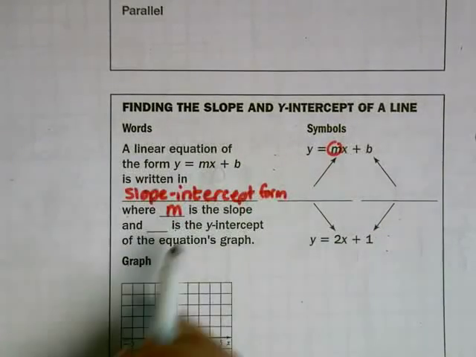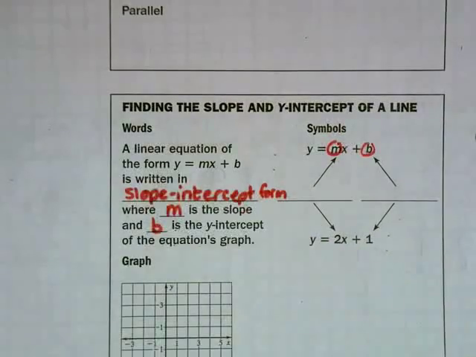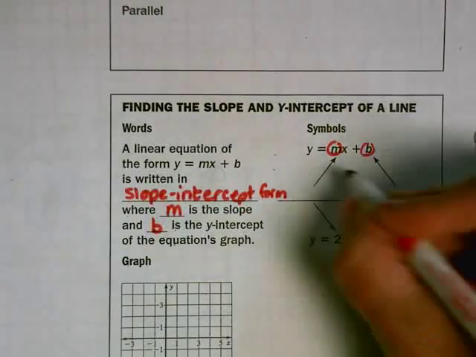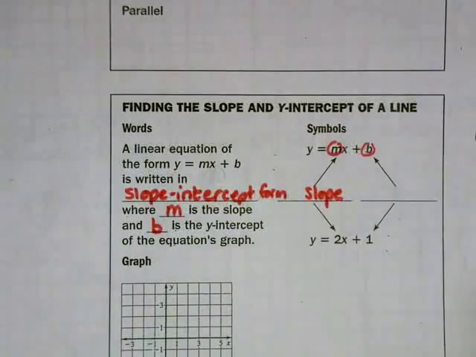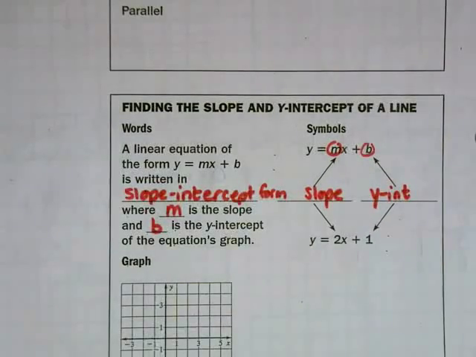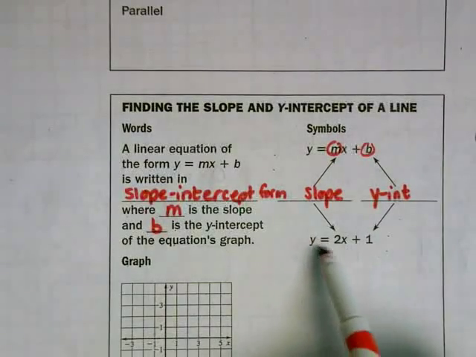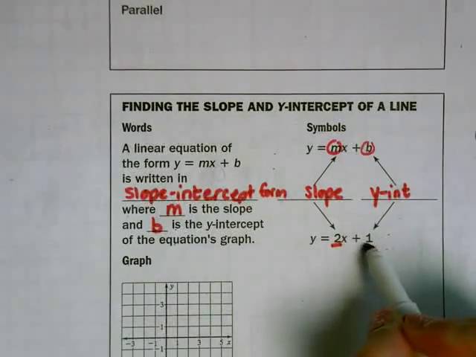And which one is the y-intercept? That one's going to be the b of the equation's graph. So again, one more time, m stands for slope, b stands for, we'll just abbreviate it, y-intercept. So in this particular equation, y equals 2x plus 1, the slope is 2, and the y-intercept is 1.